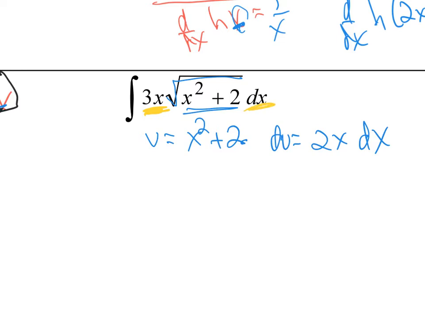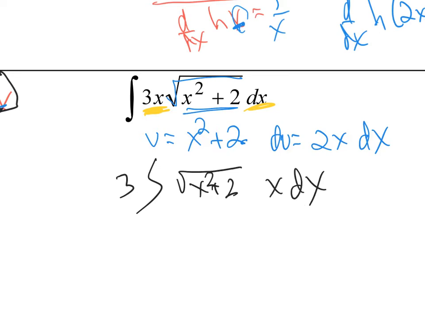Well, you know what? That 3 is not helping me at all. So let me pull the 3 out and call it a square root of x squared plus 2 with my x dx. All I did is pull that 3 out. It wasn't helping me a bit. What's missing? The 2. Cancel it out.